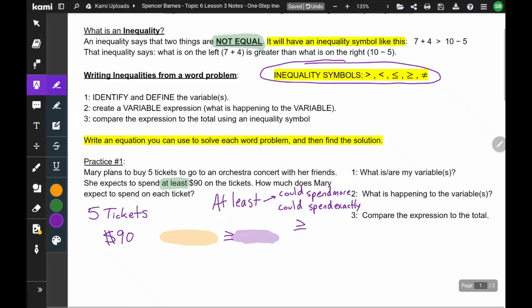Well, the first thing I'm looking at here is it wants to know how much Mary expects to spend on each ticket. I'm going to put the ticket part on the left. So if we've got 5 tickets, I would multiply 5 by the price of the tickets to figure out what the total is. You could add that price over and over, but at this point in our math skills, we're just going to multiply.